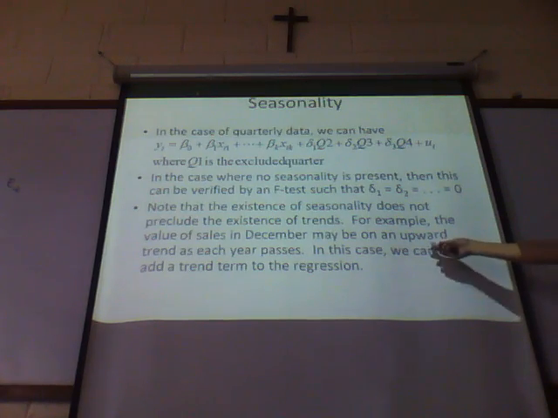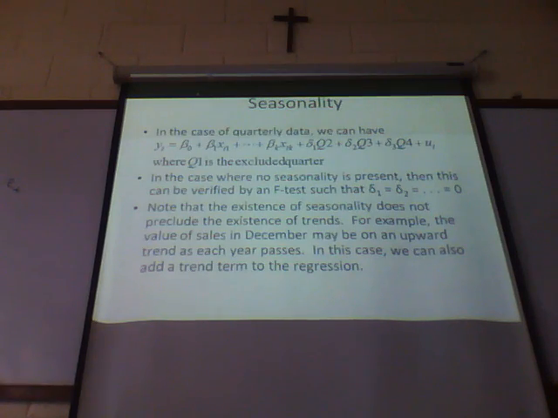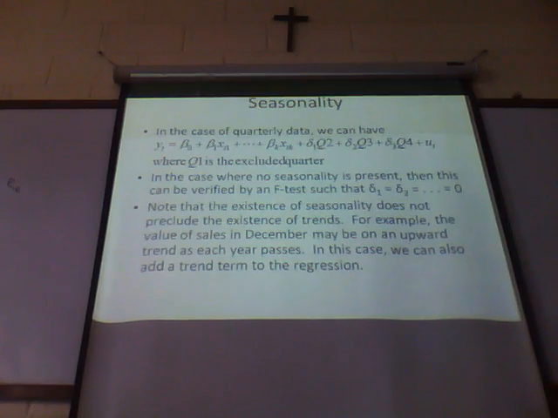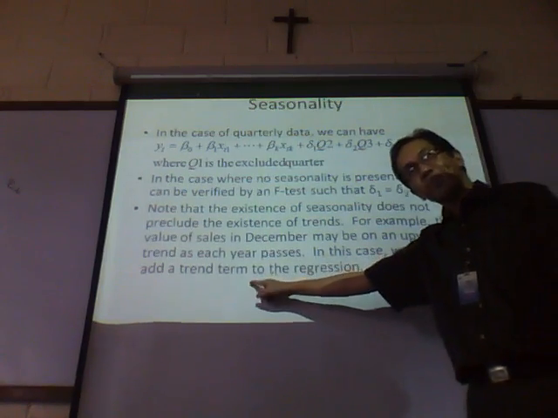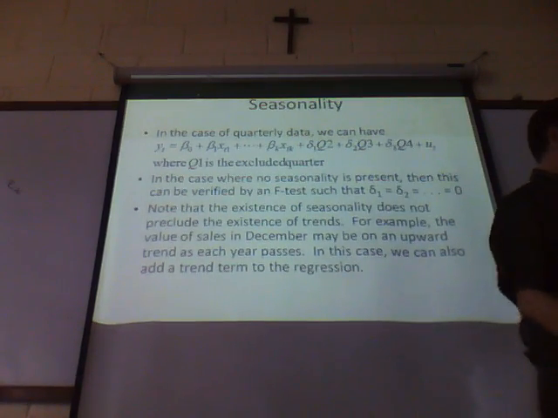But what this is saying is that if you compare the many Decembers, December of 2010, December of 2011, December of 2012, December of 2013, etc., you might notice that it's still going up, comparing all the December months. So therefore, in this case, we can also add the trend.